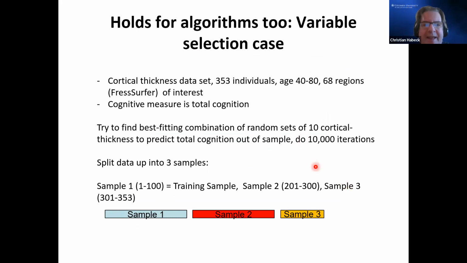Overfitting can also be done algorithmically. So in other words, even if you don't do p-levels or one-shot regressions, imagine you do variable selection. Here, imagine I have 353 individuals. This is real data. I have 68 FreeSurfer regions, surface regions with cortical thickness, and a measure that's total cognition.